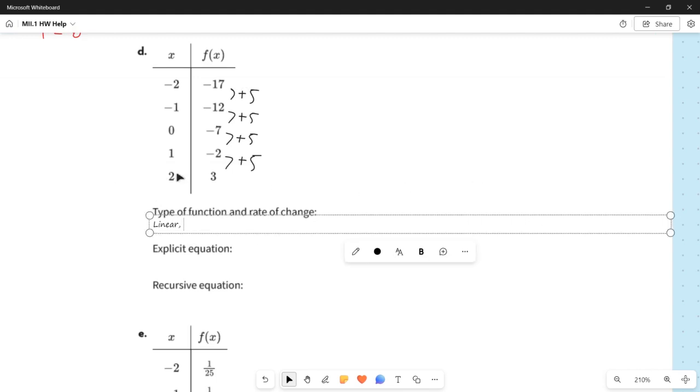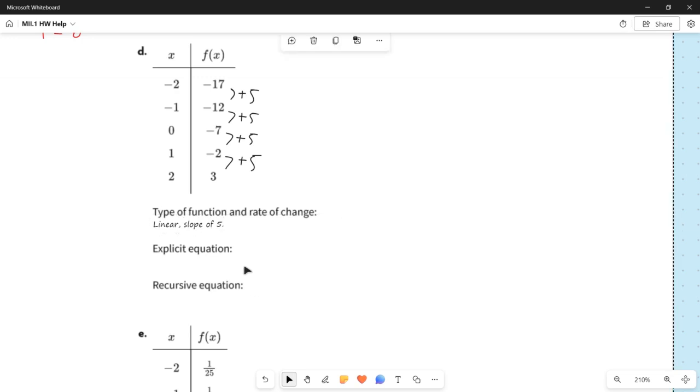So we have a linear function, and we have a slope of 5 this time. That's our rate of change.